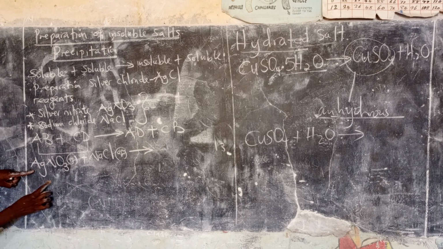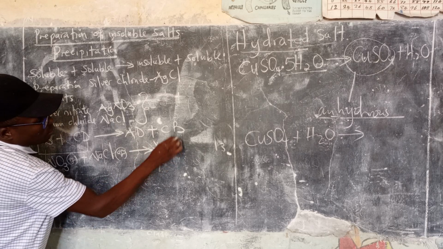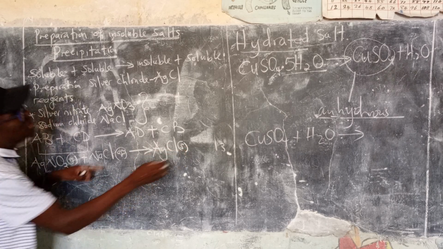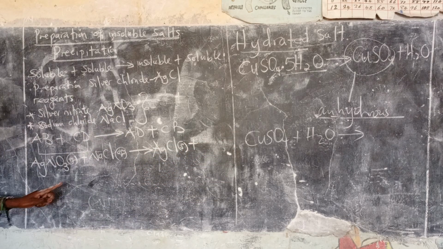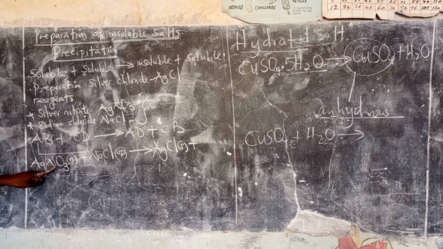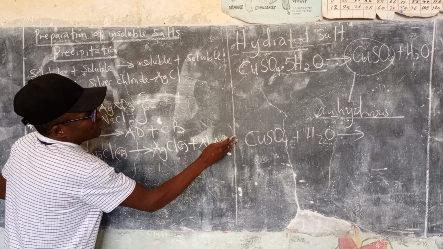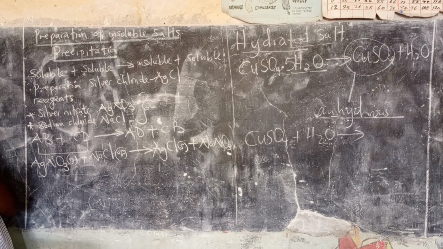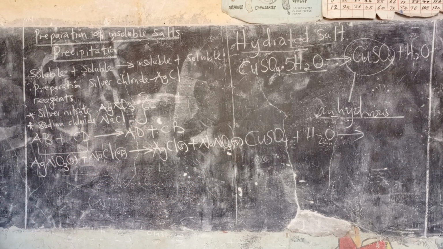What happens? The silver goes with chlorine. We get silver chloride, which is solid because it is insoluble, plus the other one: sodium reacts with nitrate to give us sodium nitrate. Is sodium nitrate soluble or insoluble? Soluble, so it is aqueous. This is how you prepare it, and this is the equation.